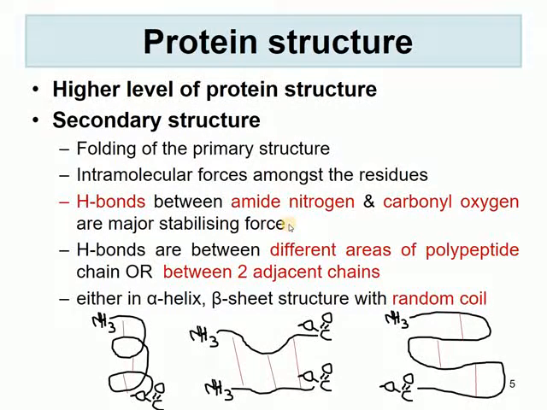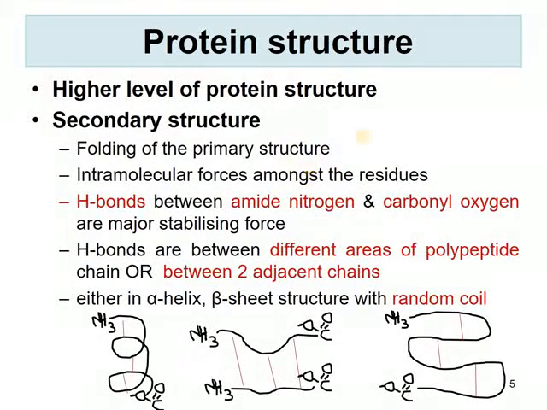As a result, you find that there's a whole lot of those hydrogen bonds that are formed, because there are so many of that amide nitrogen and the oxygen of the carbonyl compound or the carboxylic group. So in that way, you form a very strong structure, because we already know that hydrogen bonding is very weak. What makes them strong is that wherever they form, there's a whole lot of them. So in that way, it becomes strong.